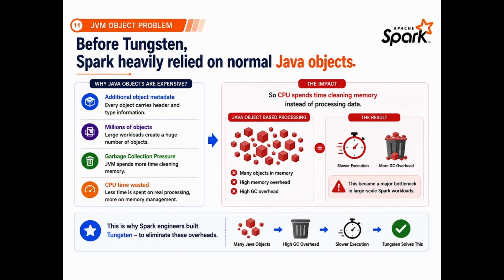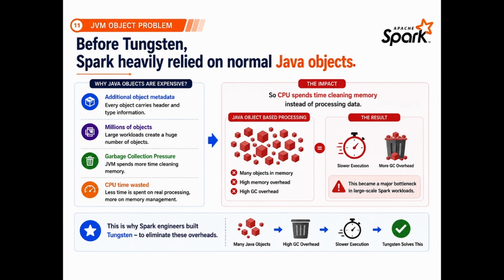Instead of processing your data, the CPU is spending valuable cycles on memory management. So the chain looks like this. Many Java objects to high GC overhead to slower execution. This became a major bottleneck in large-scale Spark workloads. And this is exactly why Spark engineers built Tungsten, to eliminate these overheads entirely.